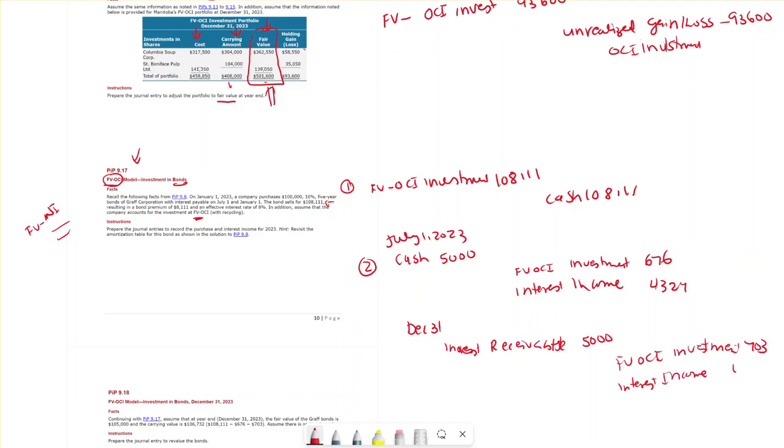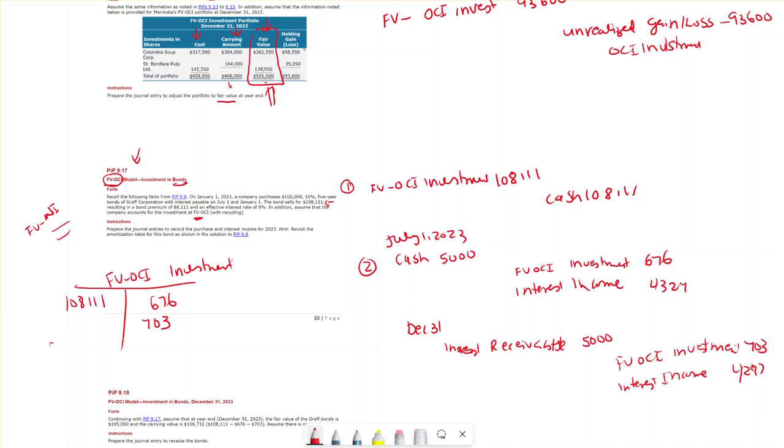The only difference is you're going to keep a running total of your fair value OCI investment for the year end entry. So we started with 108,111. We did an entry for 676. We did an entry for 703.